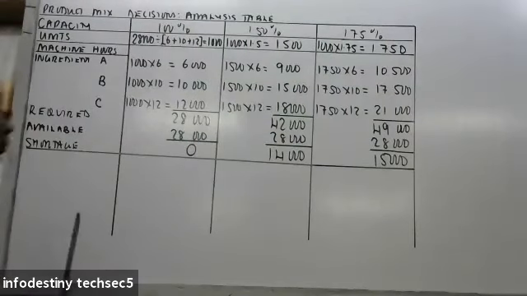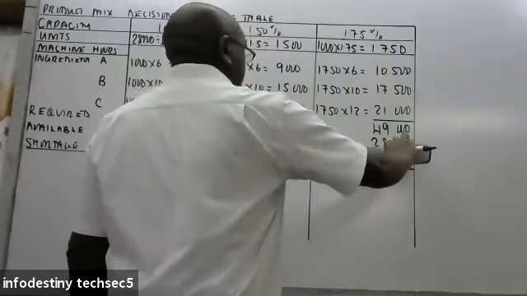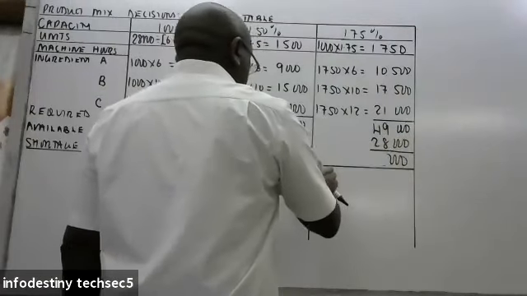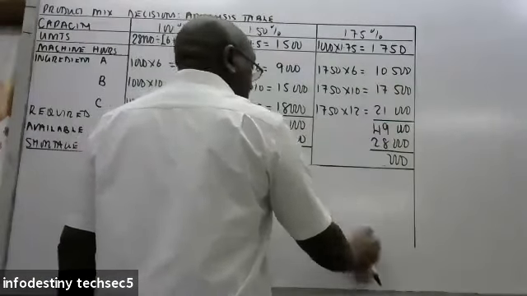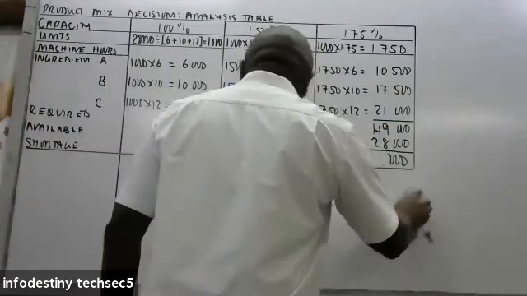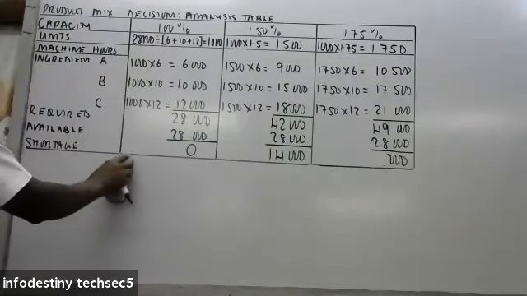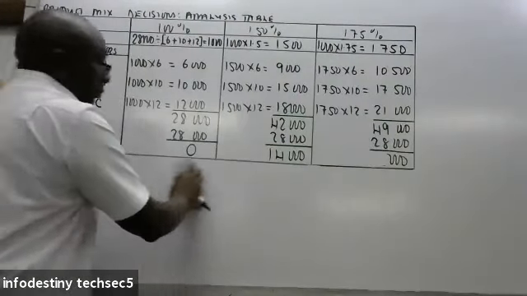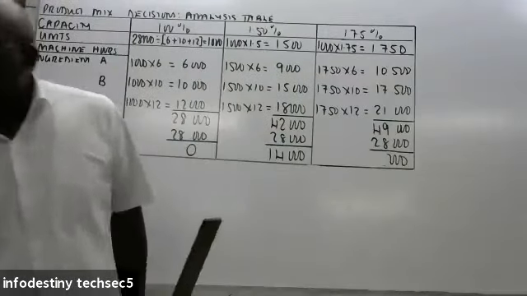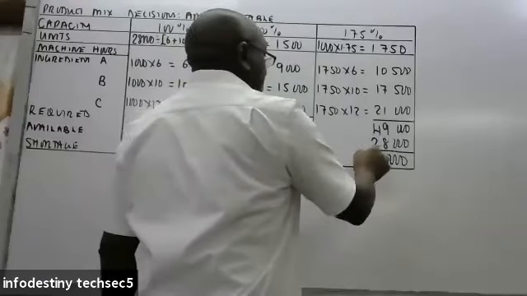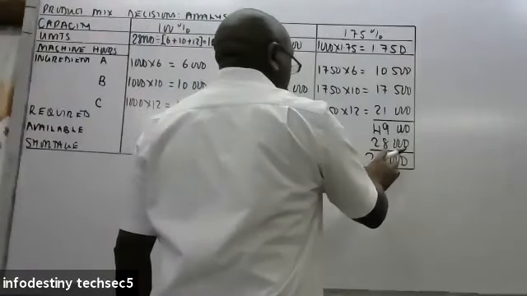It's 21. Yes, good. Gerard and Ian, 21,000.